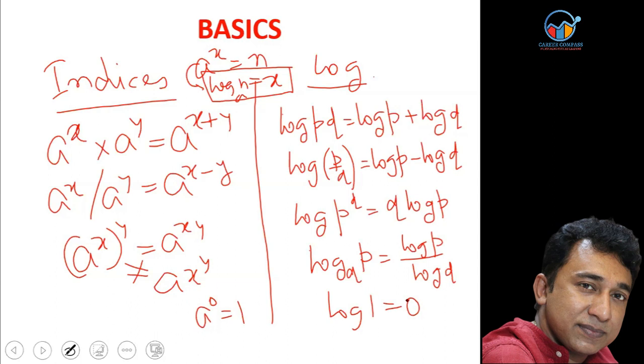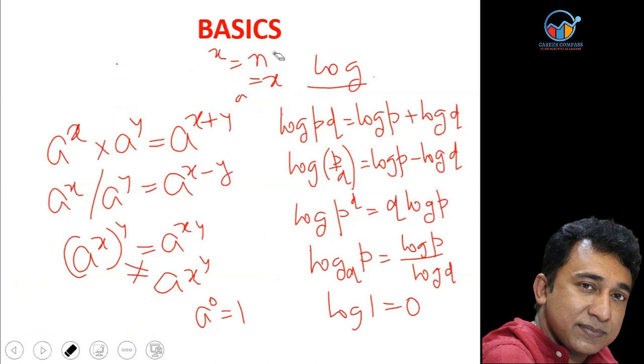So just to tell you the relation between indices and logarithm graphically, if I look at the graphs of indices and logarithm, there is a very nice pattern that they follow. So let me erase at least the top part so that I can explain you the graph.